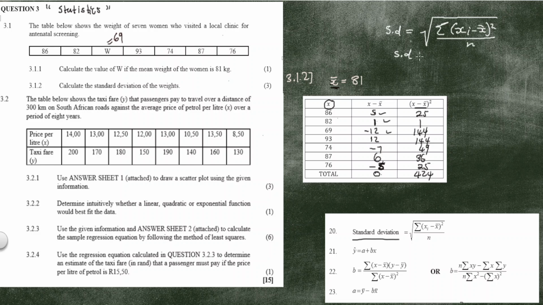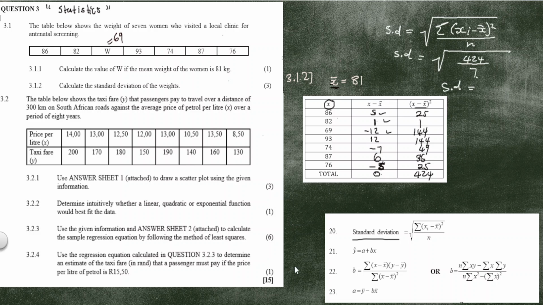That sum is the 424, divided by the total number of values. It's 7 women, so it's divided by 7.